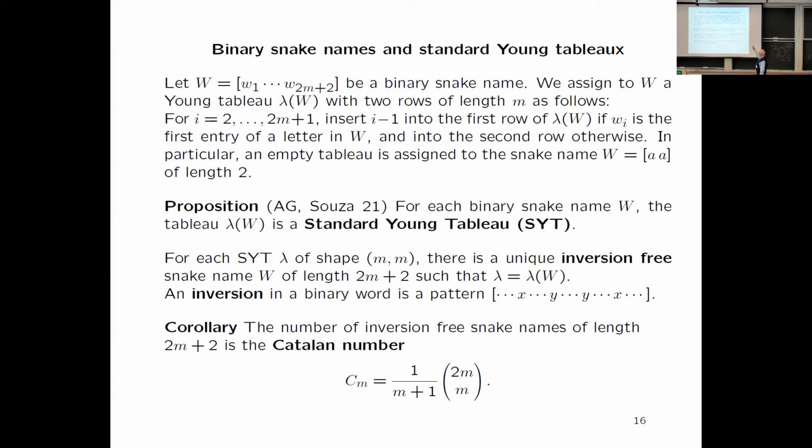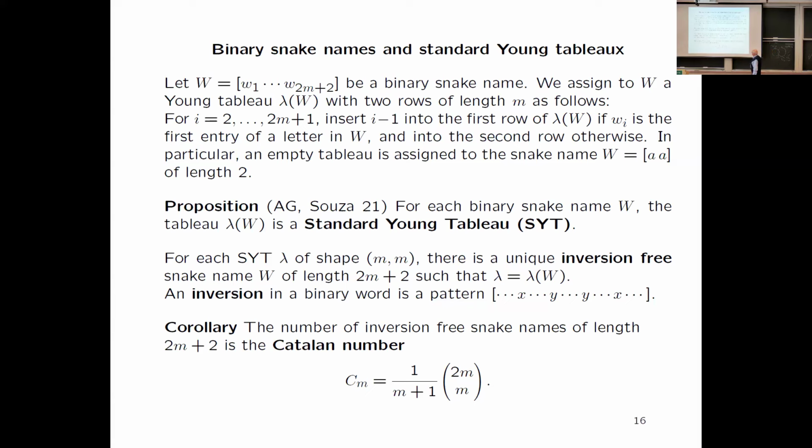And there is an easy argument that this way we get a Young tableau with the shape 2 by m. So it's one column shorter than the length of the snake.